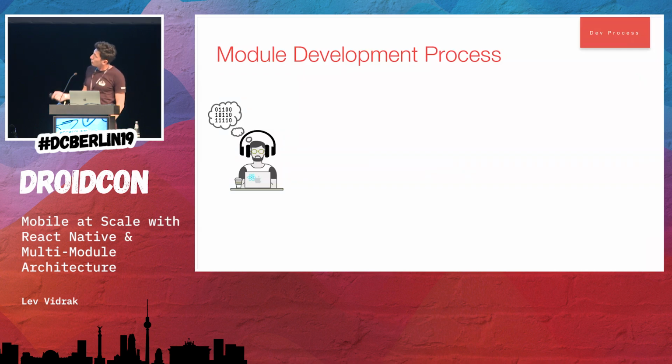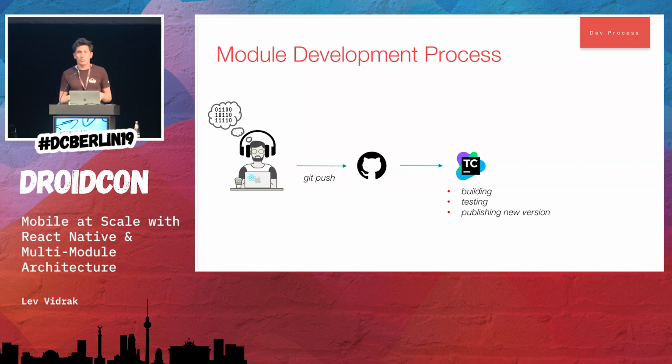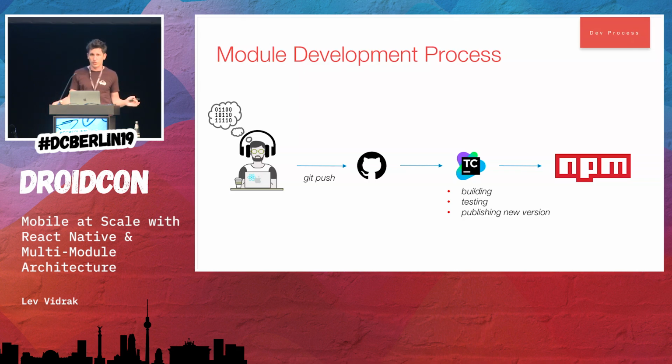So our developers are coding. They're pushing the code to GitHub, their models are built, we're using TeamCity mostly, and this model is published to the local Wix NPM repository.